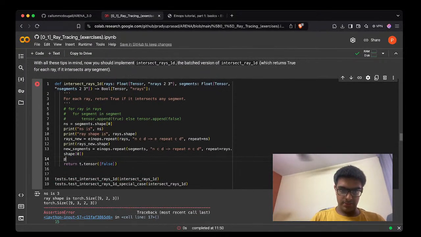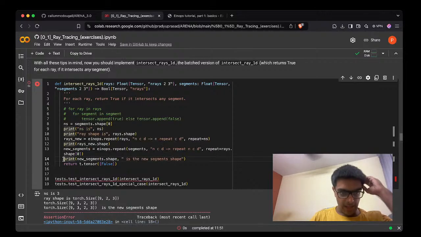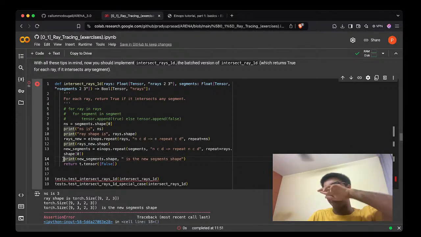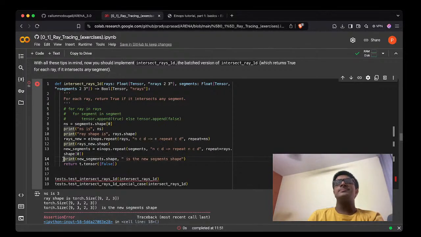Print new segments.shape, the new segments shape. Yeah, this works out. Okay, now what? Suppose I have it. Now what?